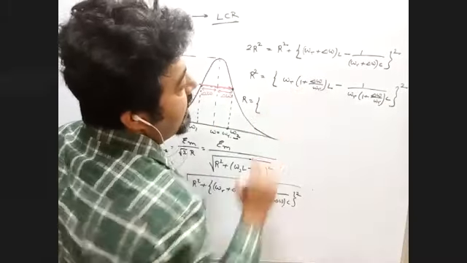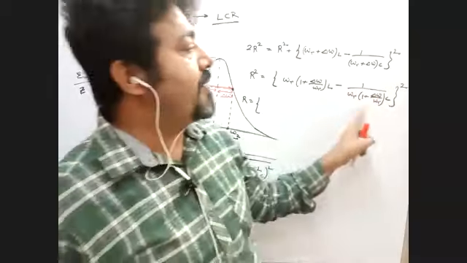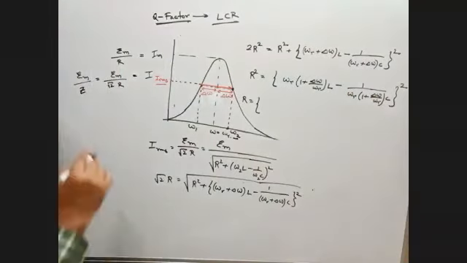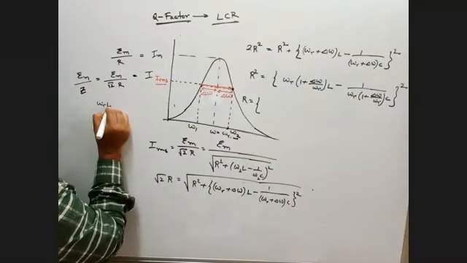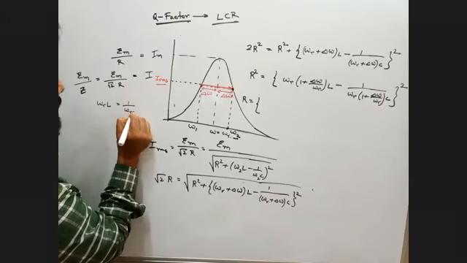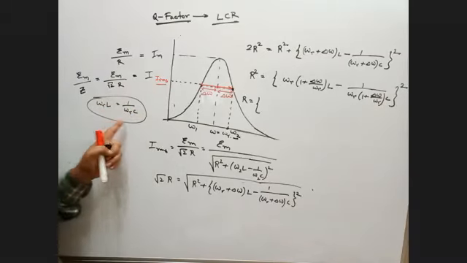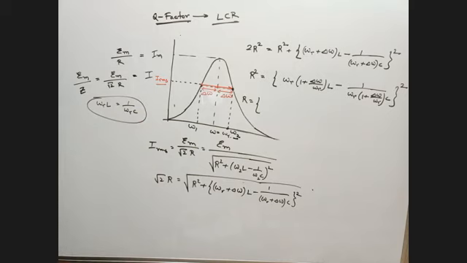So R is equal to, see, omega R L and 1 by omega R C. They are equal because they are the resonating frequency. Is it okay?